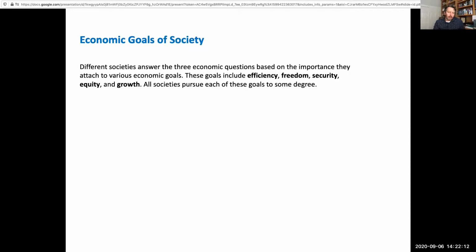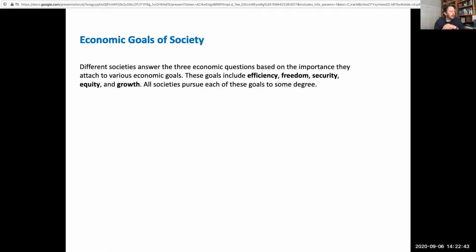Equity is another one. Like if you listen to Bernie Sanders or other progressive politicians, they'll talk about the income gap. The gap between the top 1% of wealth, the wealthiest people, and the 99, right? And how that's starting to get wider and wider.